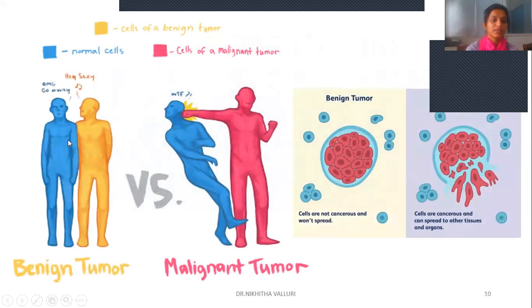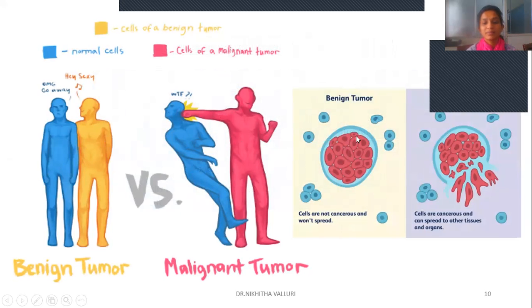So this is the picture showing a normal cell and a benign tumor. A benign tumor does not cause any harm to these normal cells even though it is residing behind them. Malignant cells will cause damage to these normal cells. The blue man is the normal cell, yellow is benign, pink is malignant.